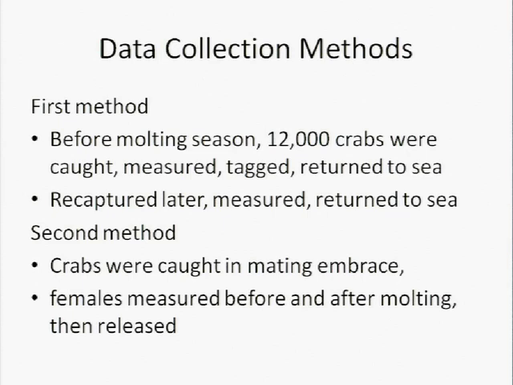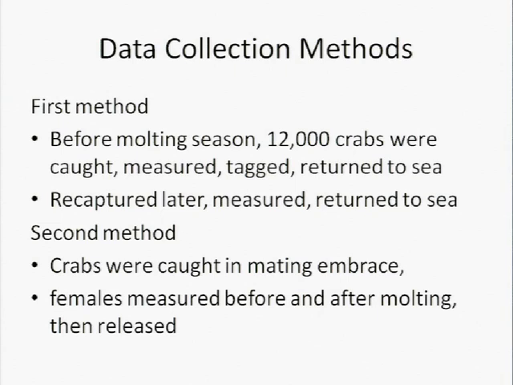Okay. So that is that first method. So before the molting season, they tag so many crabs, 12,000 crabs, and they're not going to capture all 12,000 again because some of them probably die or some of them get eaten up. But those that they can get back, they're able to see how much difference in size they get after the molting season. So that's called the capture-recapture method.